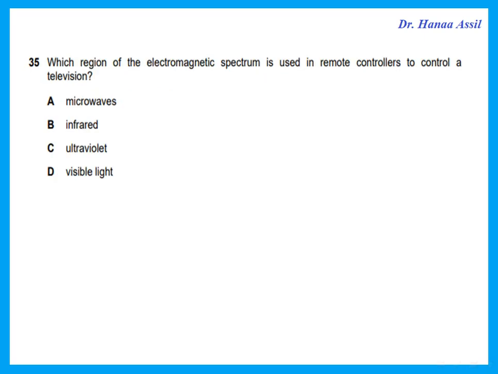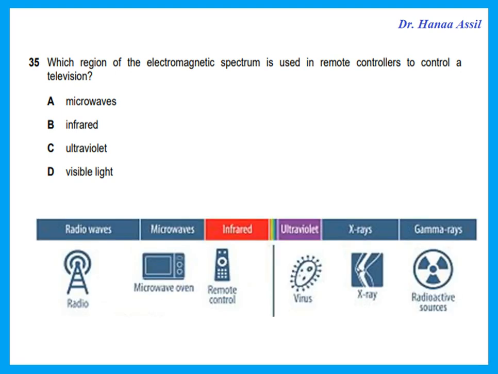Which region of the electromagnetic spectrum is used in remote controllers to control a television? Remember that all the different electromagnetic spectra can be used for different things. So radio waves are used in radio transmissions, microwaves are used in microwave ovens. Now, which one is used for remote control? It is the infrared.